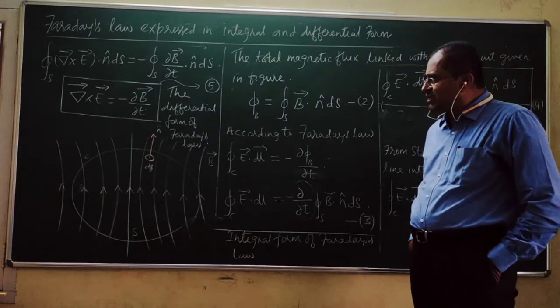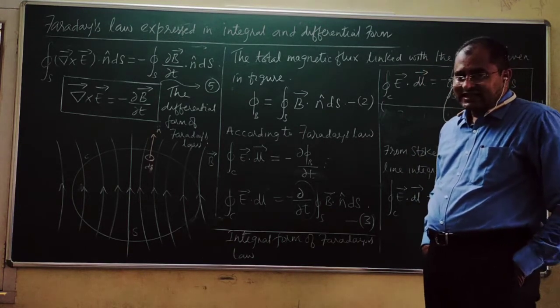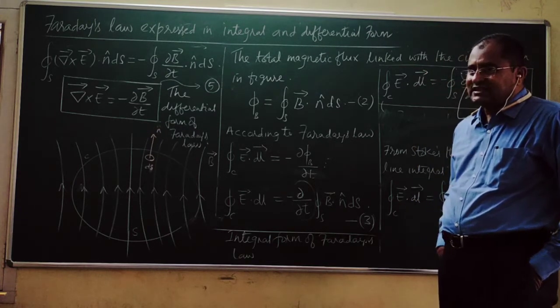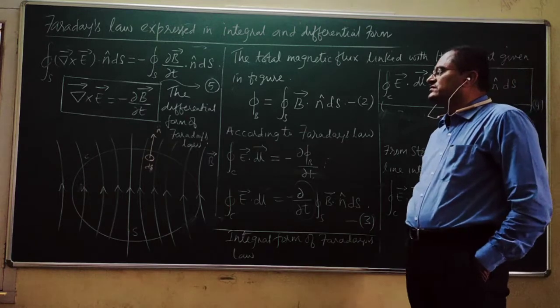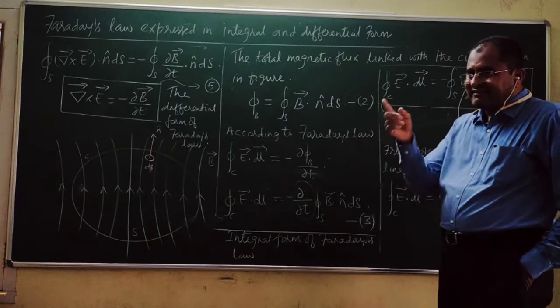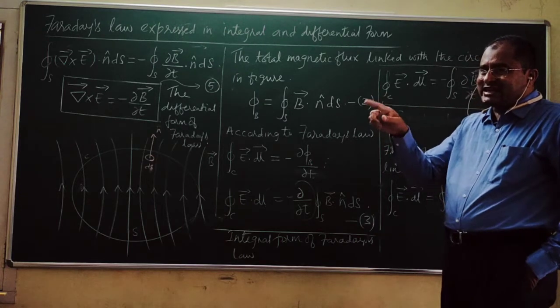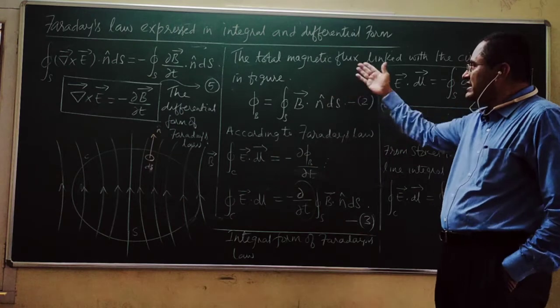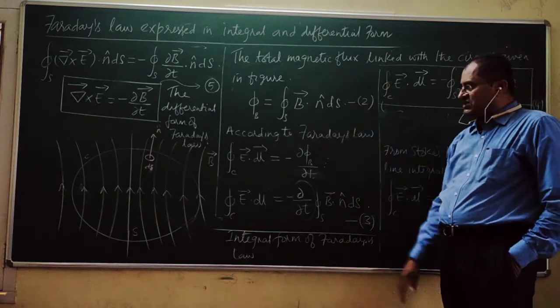We have taken a small surface of area dS. The unit vector n is pointing normal to the surface in the positive direction. The small flux coming to the surface will be d phi B is equal to B vector dot n cap dS. I have taken the total magnetic flux by integrating this expression.